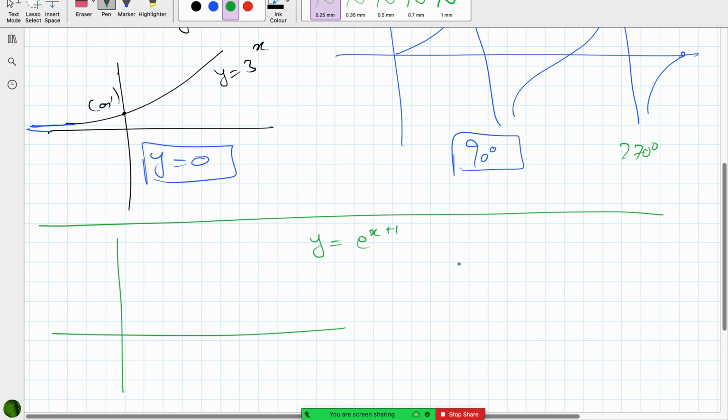So I'm thinking for some values how I should sketch it, and I see that if I use minus 2, minus 1, 0, 1 and 2, then when I use minus 1, I would actually get e raised to power 0, right? So when we use minus 1, this power would become 0 and anything raised to 0 is 1. So I know at x minus 1, this is 1.